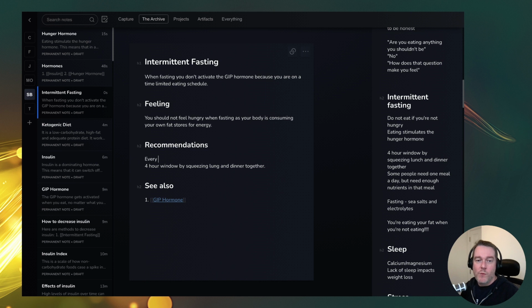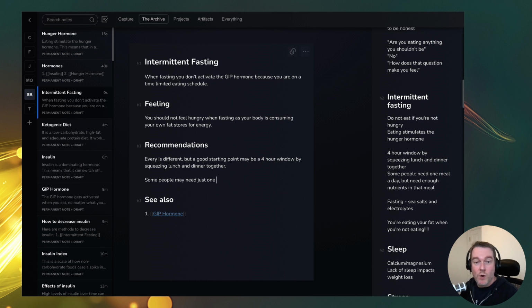So everyone is different, but a good starting point may be a 4-hour window where you're squeezing lunch and dinner together. Some people may need just one meal a day, but you do need enough nutrients in that meal.